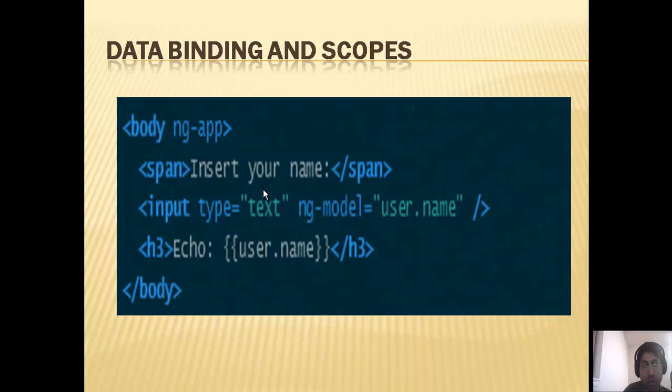So it's probably situation dependent, so that you don't get confused with the term model. Anyway, here there is a model called user. Name is some sort of property of user. So in this case we have a model called user, and this is the view part.